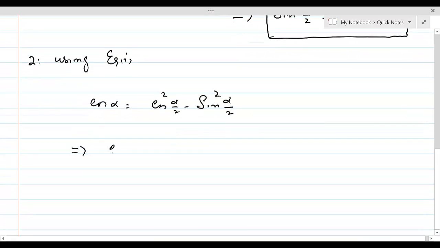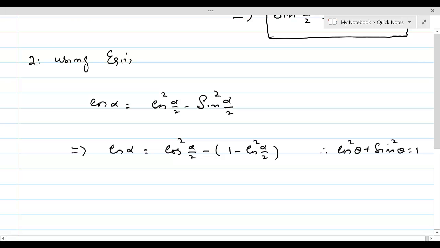This means cos α is equal to cos²(α/2) minus (1 minus cos²(α/2)), by using the fundamental trigonometric identity cos²θ plus sin²θ equal to 1.